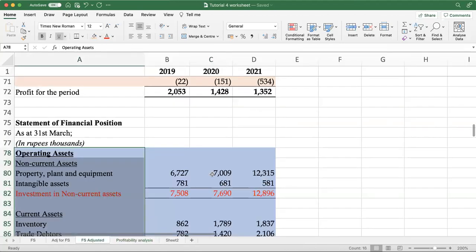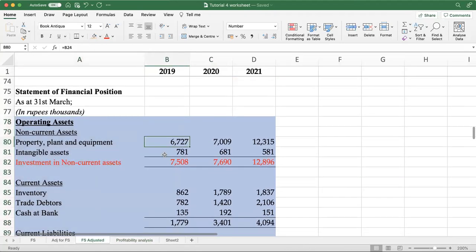If you see the financial statement, the intangible assets amount is declining because of impairment.